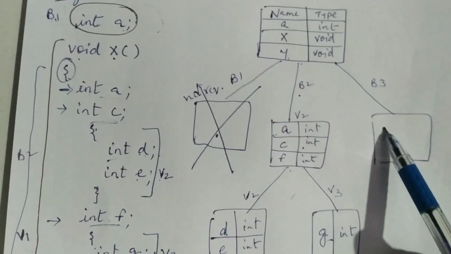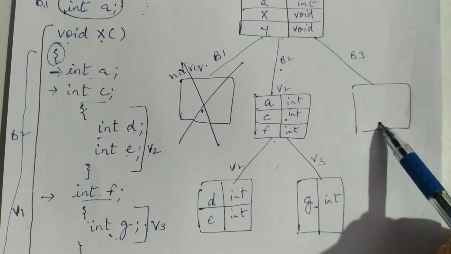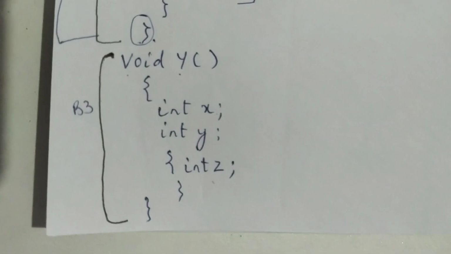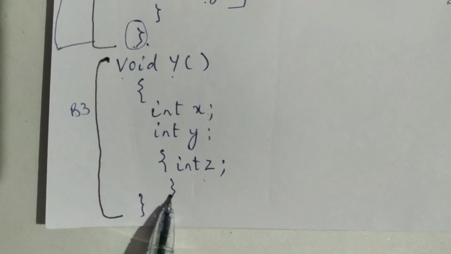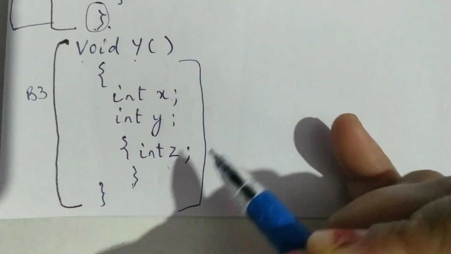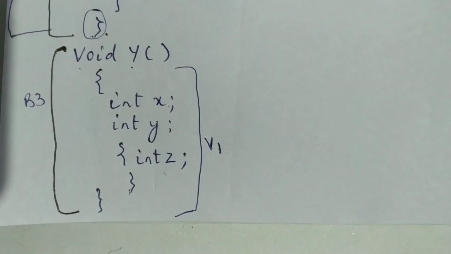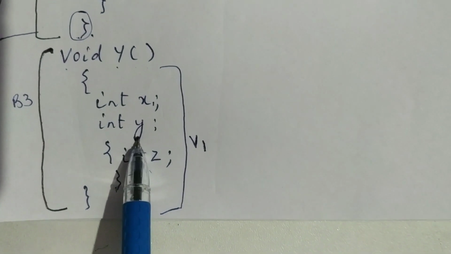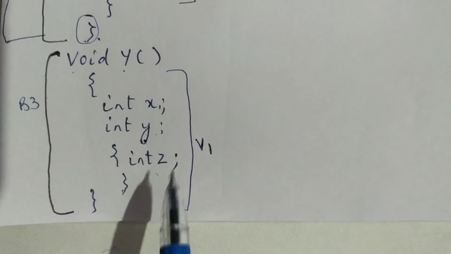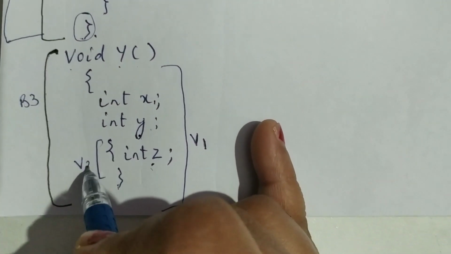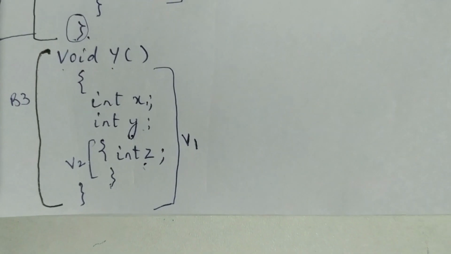Next is B3. In B3 we can see how many visibility areas there are? 2. The major visibility area is this, that is V1, where we have X and Y variables. And the next visibility area is this, where we have Z, that is V2.